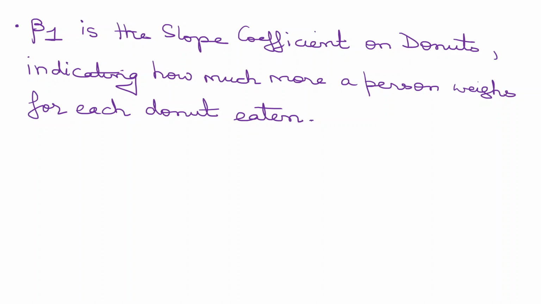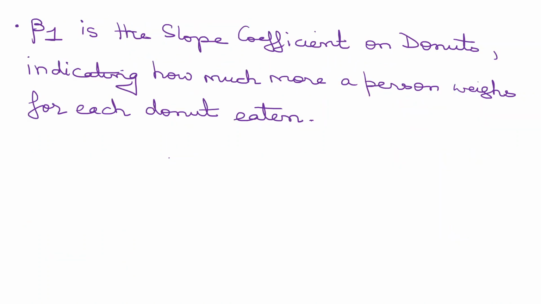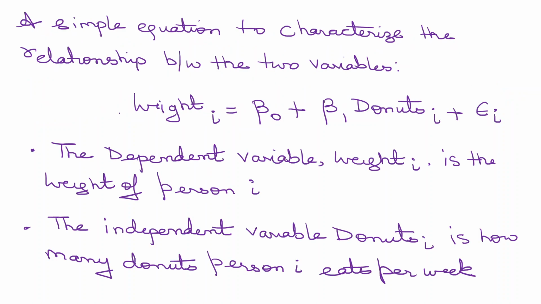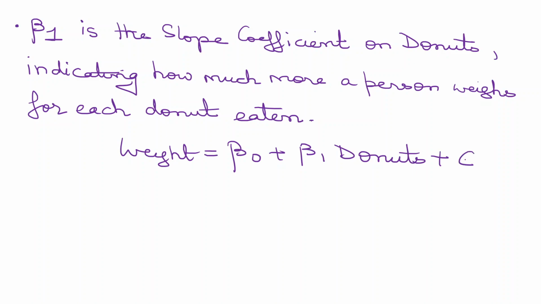To understand this, beta 1 you will get by differentiating this equation. Our equation is weight equals beta naught plus beta 1 donuts plus epsilon.